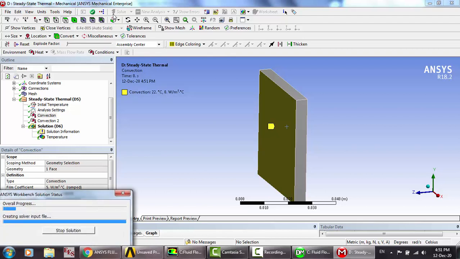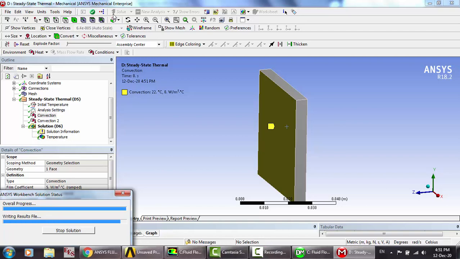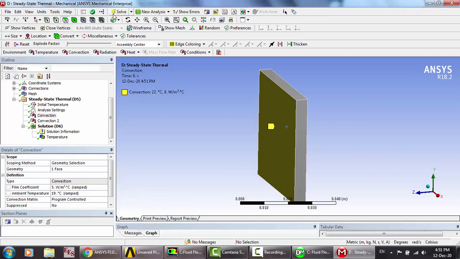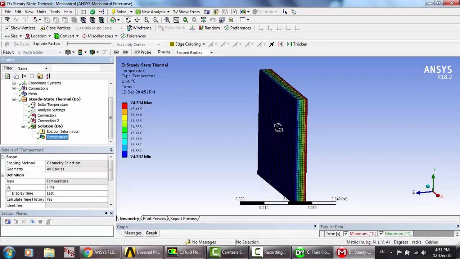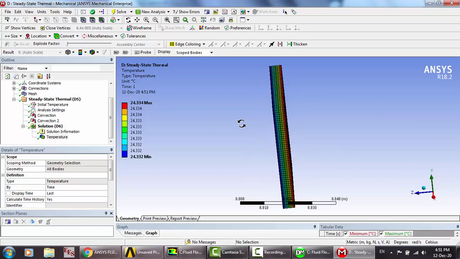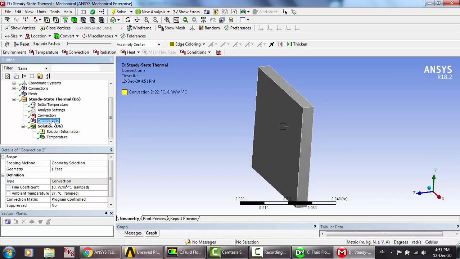So as you can see in Fluent and here in ANSYS Steady State Thermal, it mainly depends on the free stream temperatures for the right and the left, and the heat transfer coefficient. It is a mechanism of heat transfer by convection, and we have here still 24,332 and 24,334. Okay, so this is what we want to see.